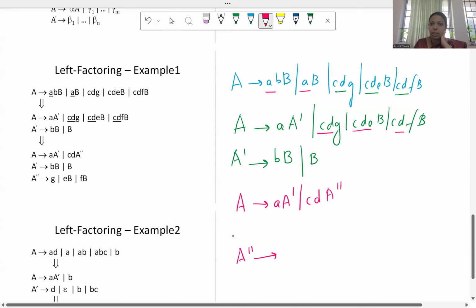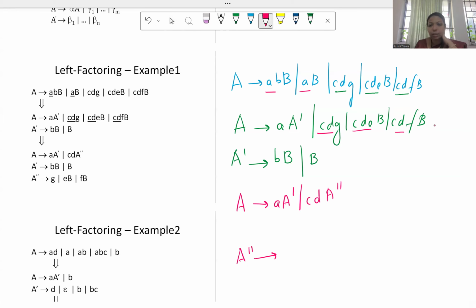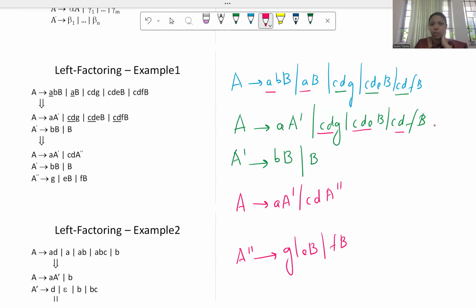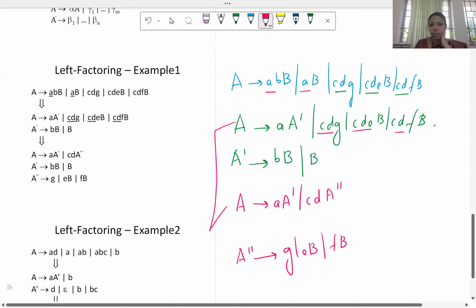Other than CD, what is present? Here it is G, here it is EB, here it is FB. So that is G, EB, and FB. Now that is also done. So this is now changed here as well as here. The remaining thing you have to write as it is.